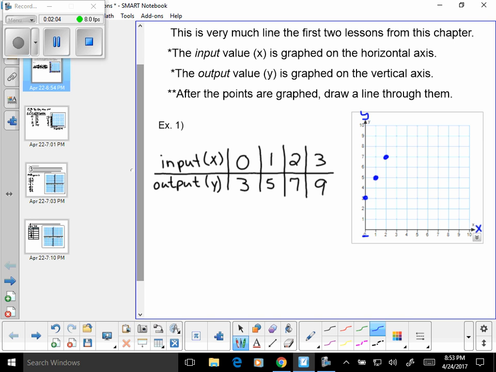And then for 3, 9, we're going to go over to 3 and up to 9. Now this is where it's a good idea for you folks to have a ruler. I can't use one on the smartboard because it'll confuse the smartboard. So I'll do my best to draw it as straight as I can freehanded.